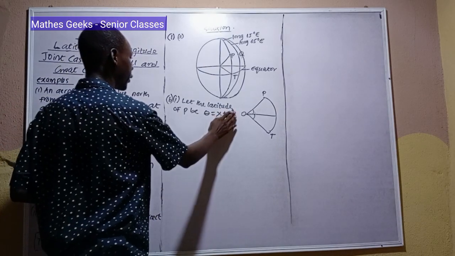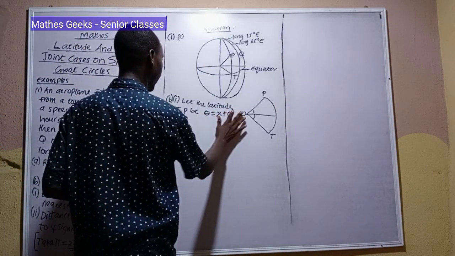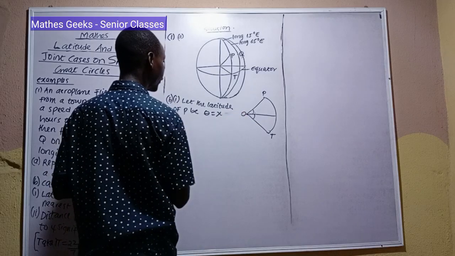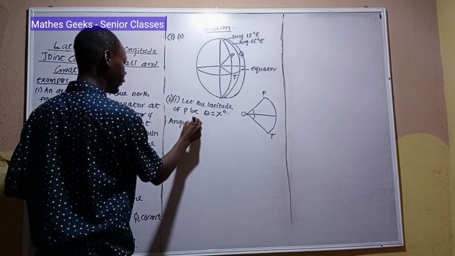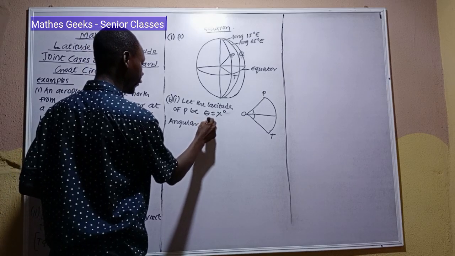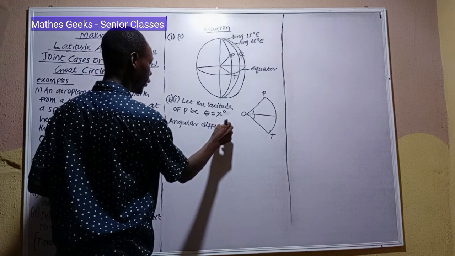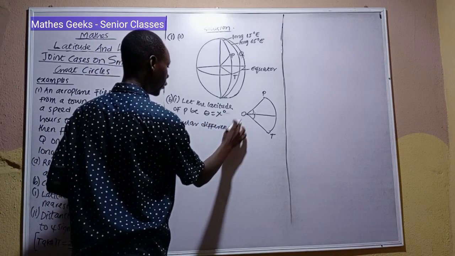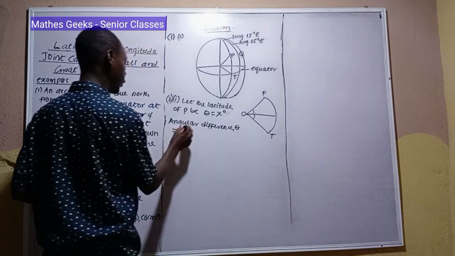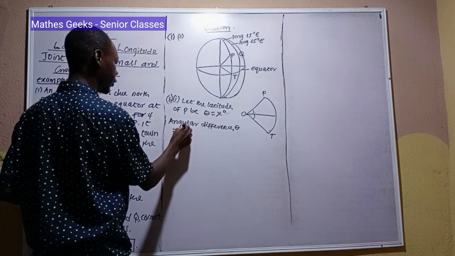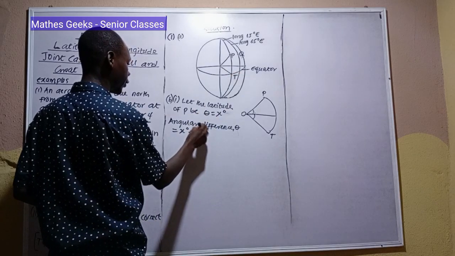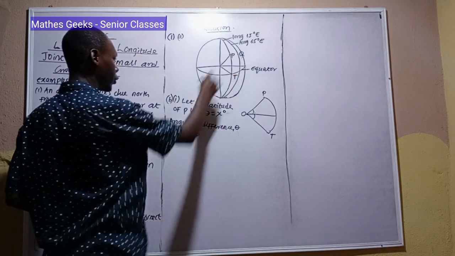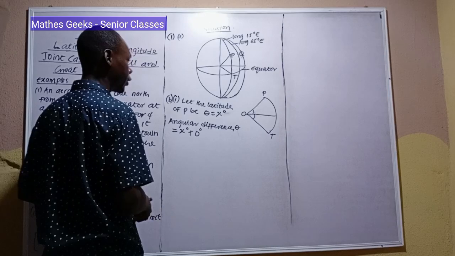Let the latitude of P be x degrees. The angular difference is simply the difference in latitude in this case. Angular difference theta is equal to x degrees, which is the latitude of P, plus the latitude of T, which is 0 degrees, because T is on the equator and the latitude of the equator is 0 degrees.